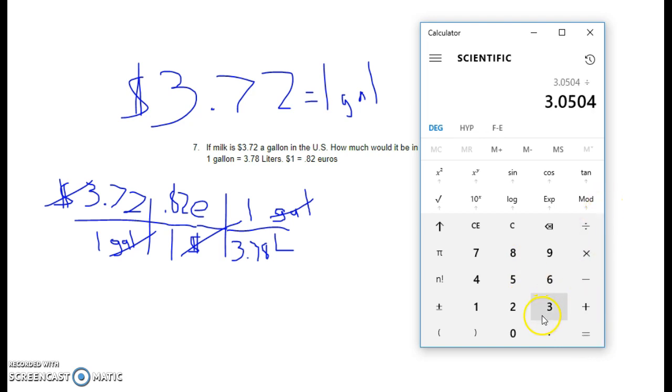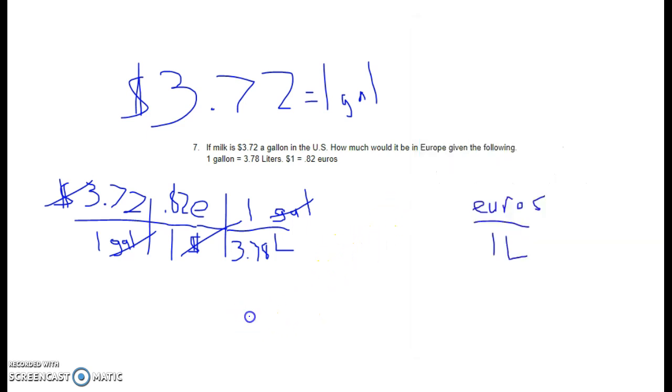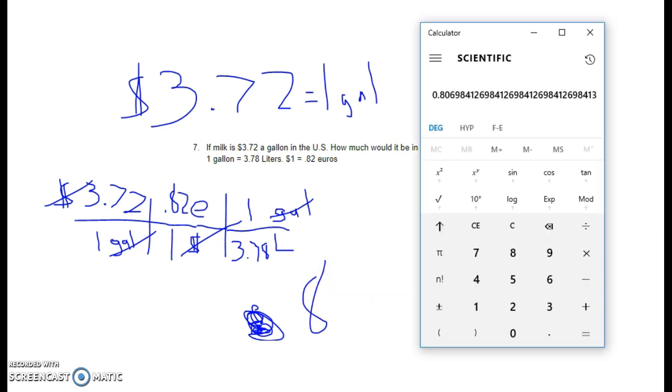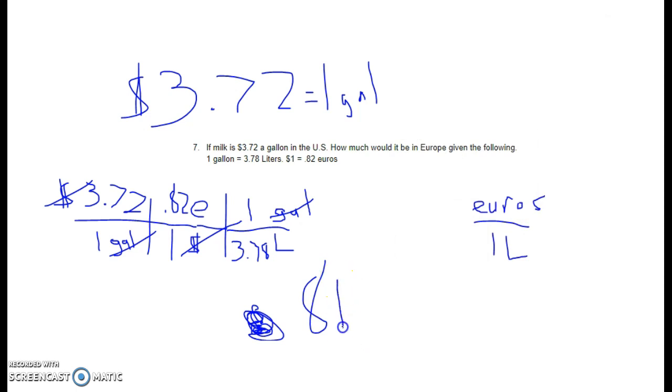And then I divide by the 3.78, and I get a fancy answer of 0.81. We'll call it euros over liters. And that's how we convert this problem, and I hope it helps.